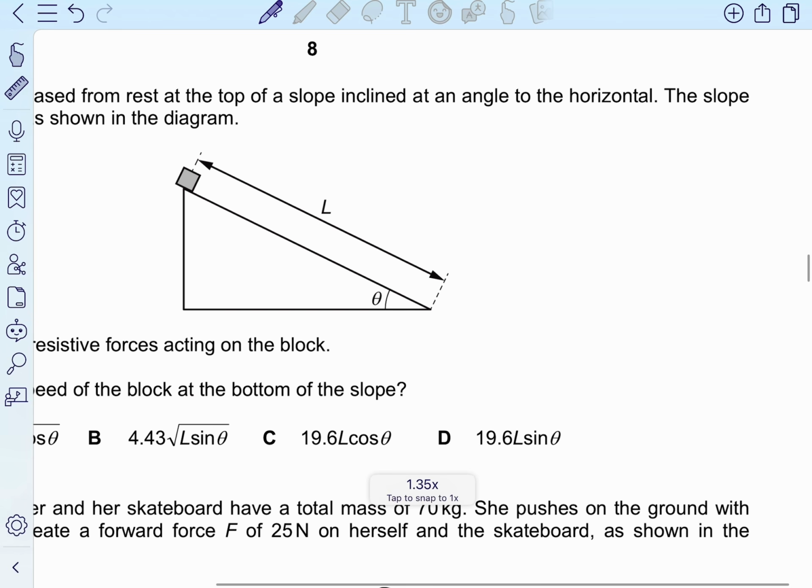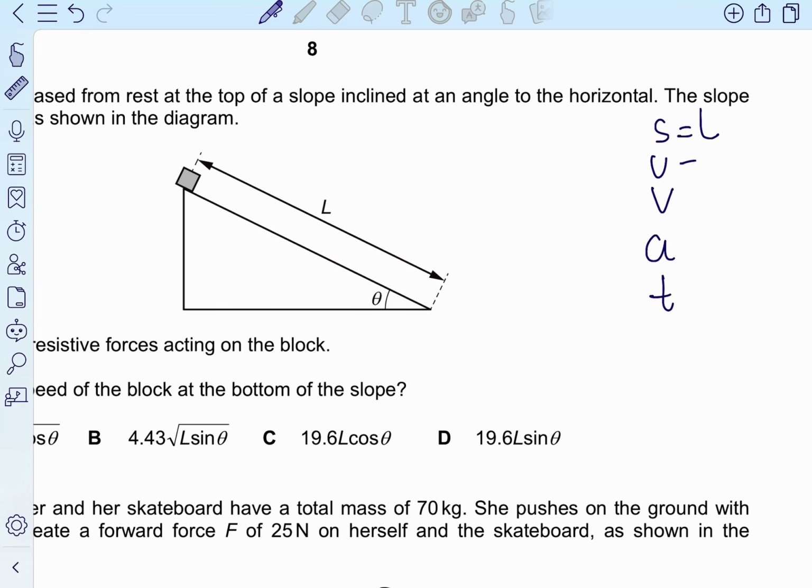We'll apply SUVAT over here again, because why not? If you apply SUVAT, you know that the s value is L, u is 0, v is something that we don't know, and the acceleration. Now ideally the acceleration would be the weight of the object, but because this object is accelerating along the slope, it would be the weight of the object into cos theta.